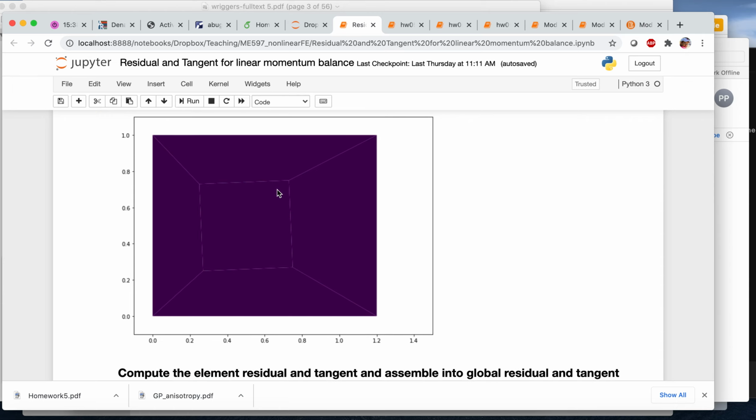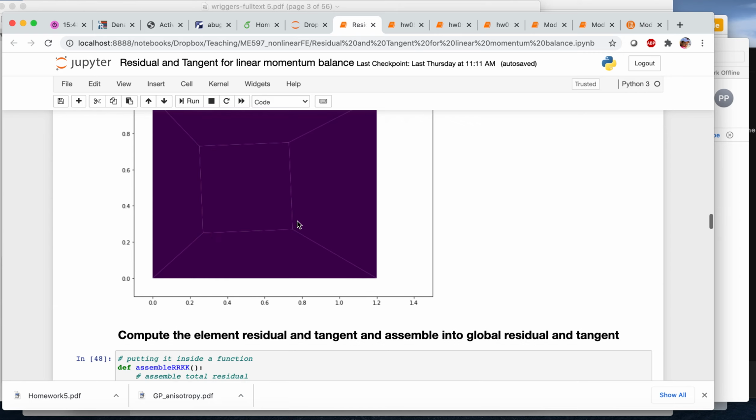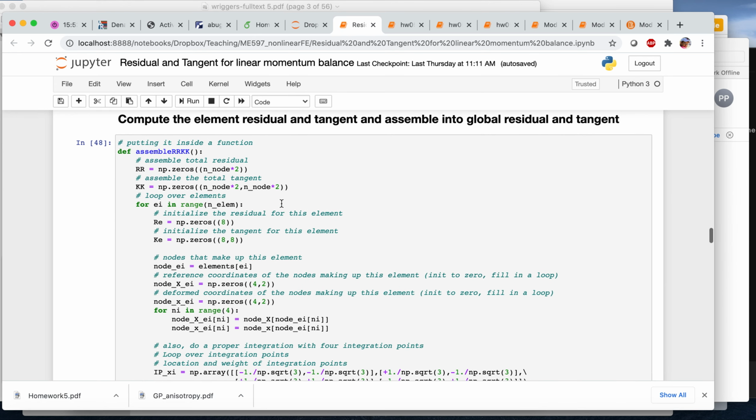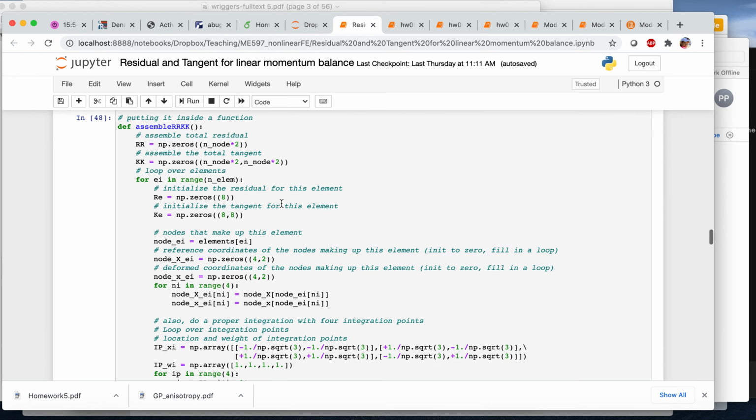And the goal is to basically solve now the equilibrium problem to update the position of these inner nodes, and they should move to the center. So I have this function where I compute the residual and the tangent. I put it into a function just because I need to use it in the Newton-Raphson loop.